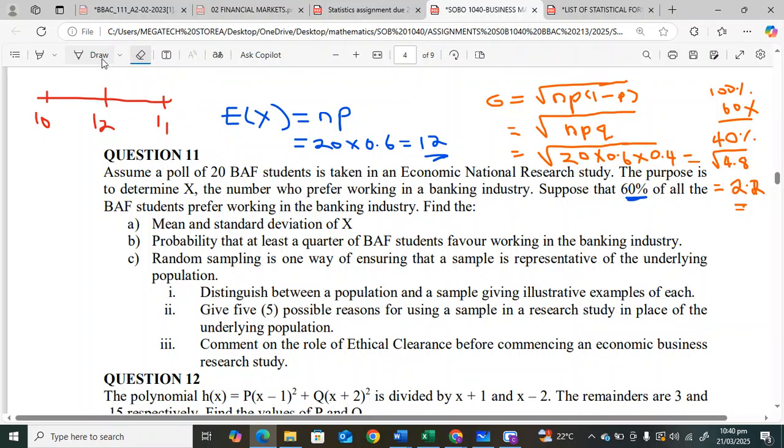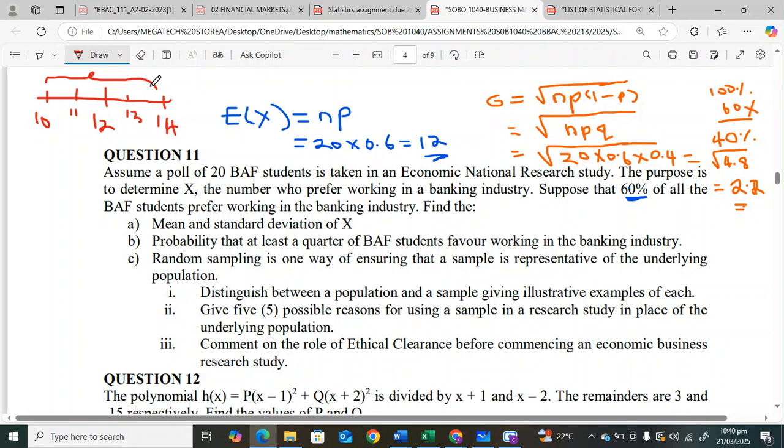What the standard deviation is telling us is that on average, when we conduct this test, we expect 12 students to like working in the banking industry. But you're not going to get 12 every time you conduct this test multiple times. Sometimes you might get 11 students, 10, 13, or 14. So this is the range where we expect to find our average.